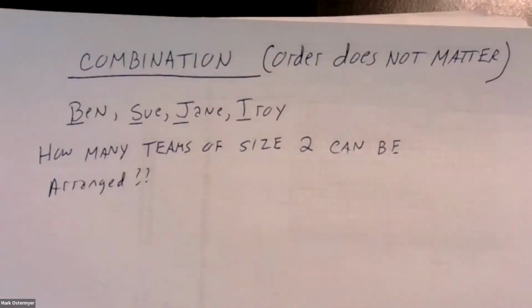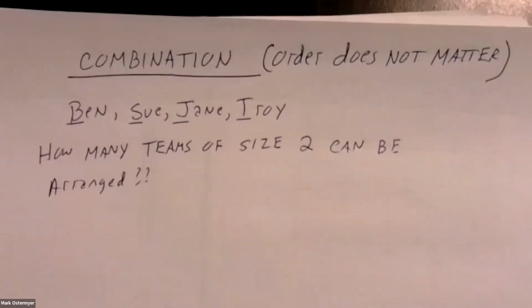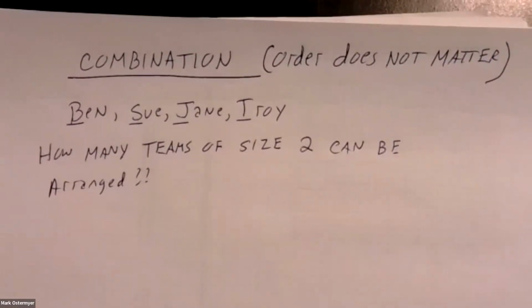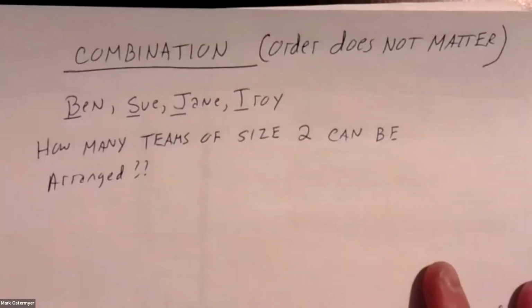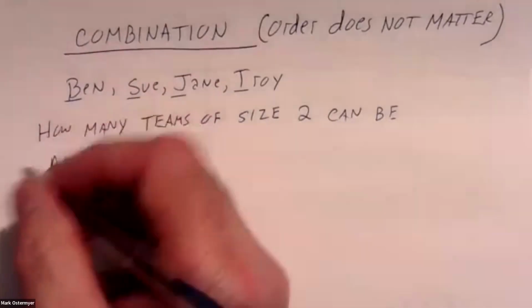Absolutely not. Order does not matter, ladies and gentlemen. Whether we have the team of Ben and Sue or Sue and Ben, it's still the same team, same 2 people.